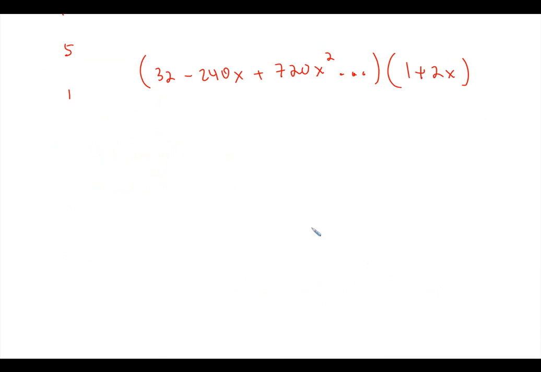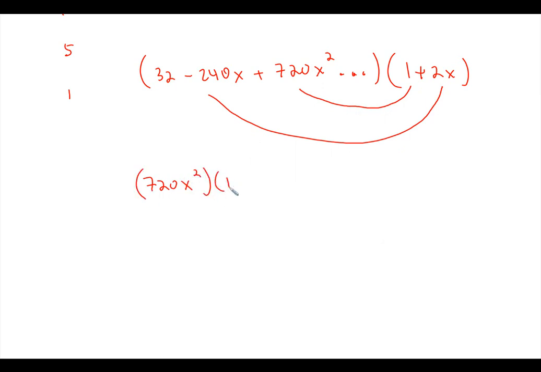Now we're trying to find the coefficient of x squared. Let's think, what are all the ways to get x squared? Well, if you multiply 720x squared times 1, that would give you some coefficient times x squared. Or you can multiply the negative 240x with this positive 2x. So we take 720x squared multiplied with the 1, or the negative 240x multiplied with the 2x.